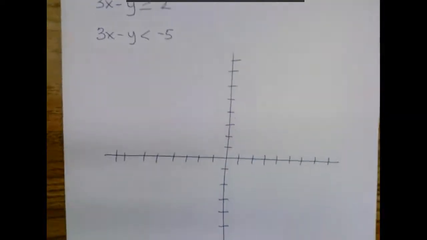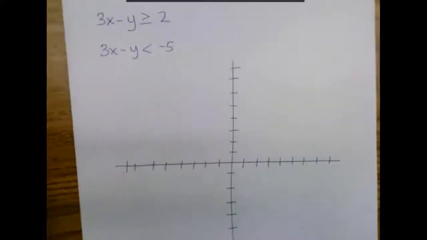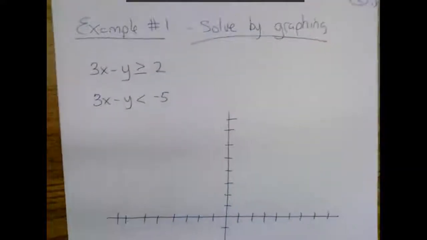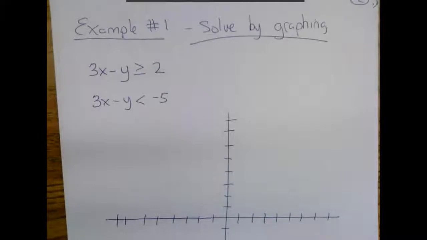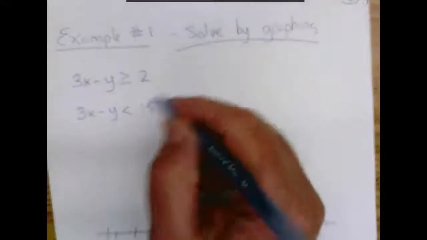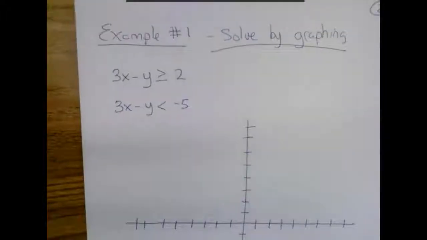So here's one of our examples. We're going to solve this by graphing. We have 3x minus y is greater than or equal to 2, and then we have 3x minus y is less than negative 5. We can first turn these into equations.